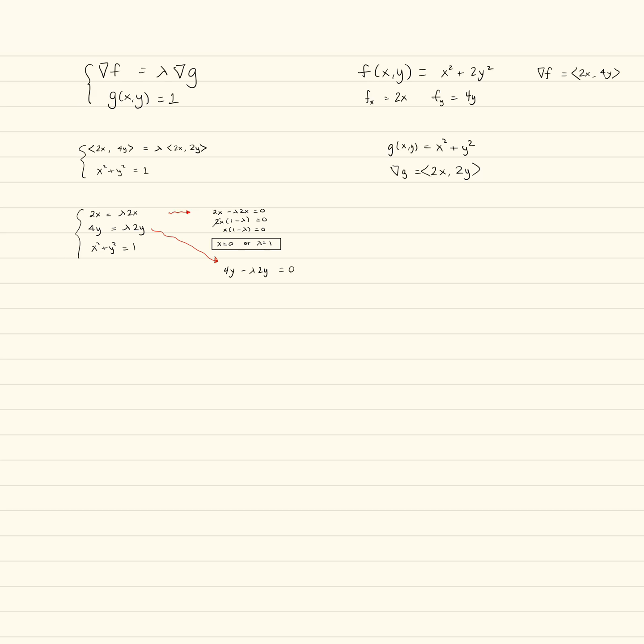So we can factor out 2y times 2 minus lambda equals 0. And then we can divide by 2. y times 2 minus lambda equals 0. So this says y equals 0 or lambda equals 2.